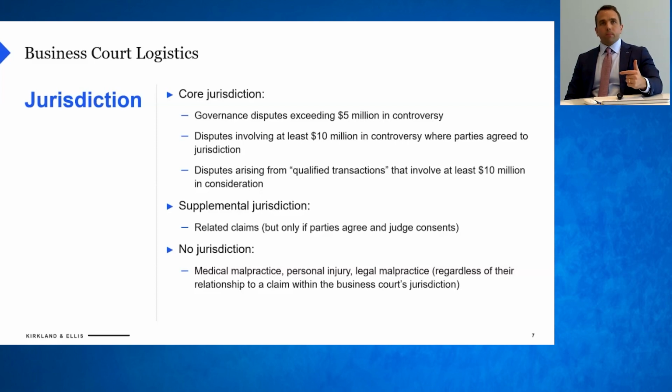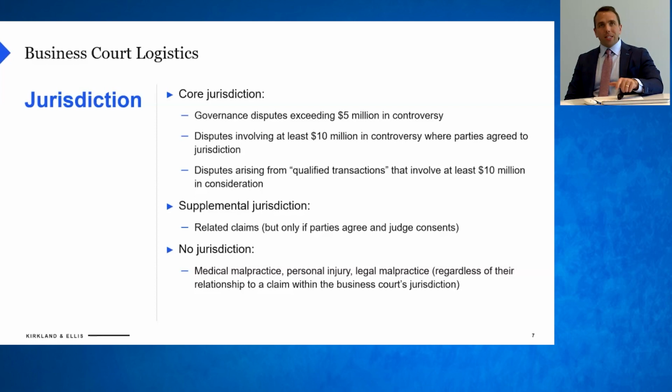And notwithstanding the ability for the court to have related jurisdiction over the kinds of claims that I just described, it expressly cannot exercise jurisdiction over claims involving medical malpractice or personal injury or legal malpractice, regardless of their relationship to a claim within the business court's jurisdiction.